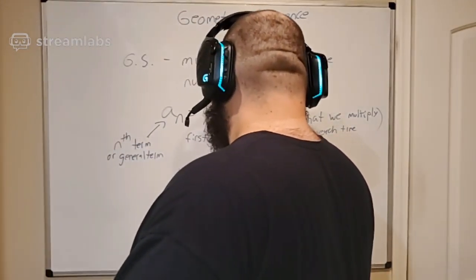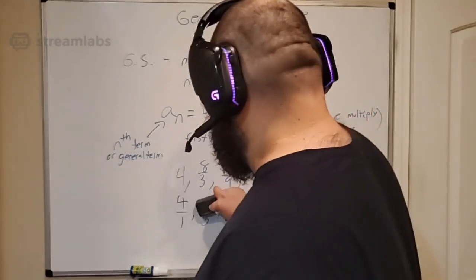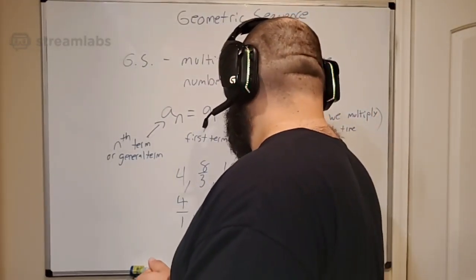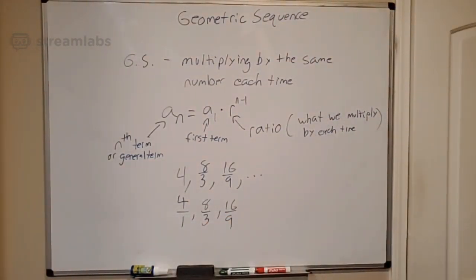Then only look at the tops and only look at the bottoms. Are they being multiplied by the same thing over and over? So 4, then 8, then 16. Am I multiplying by the same thing over and over? The answer is, I'm going to assume, hopefully everybody sees yes. Multiply by 2. And then on the bottom, 1, 3, 9. Am I multiplying by the same thing over and over?